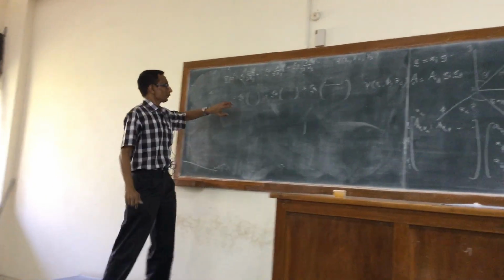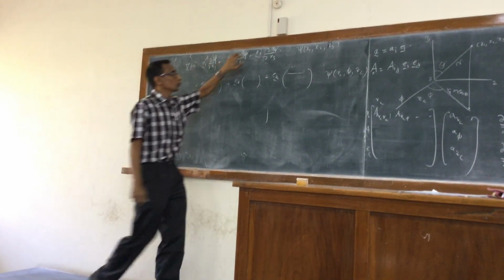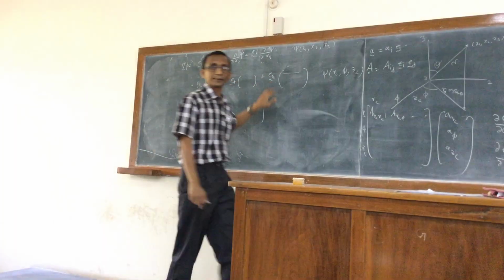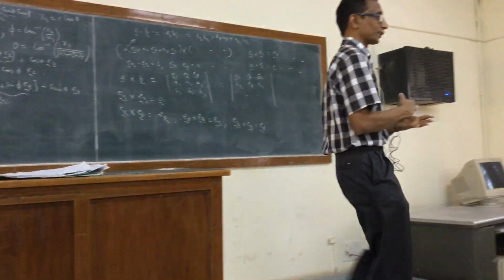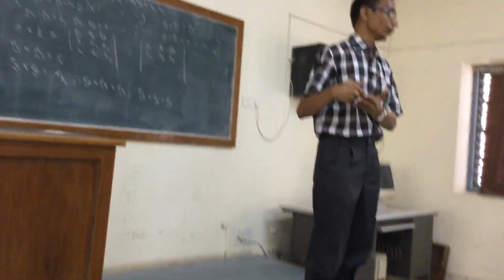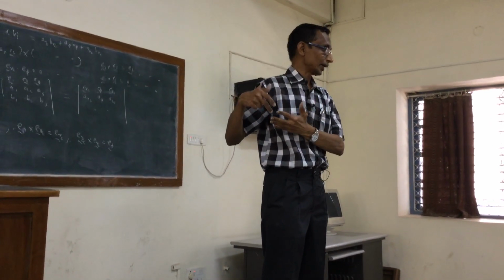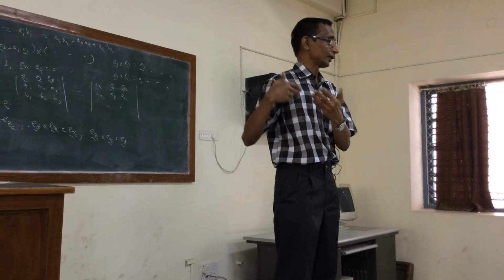So now, I have already written the expressions for e1, e2 and e3 in terms of e_rc, e_phi and e_zc. So all I have to do is to express the operations d by dx1, d by dx2 and d by dx3 in terms of d by drc, d by dphi and d by dzc.